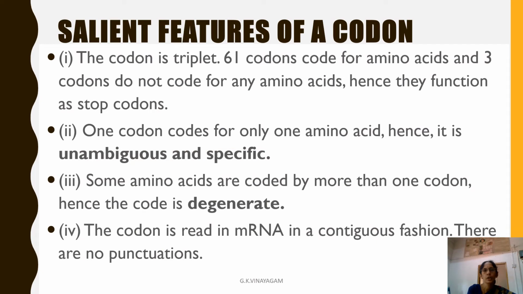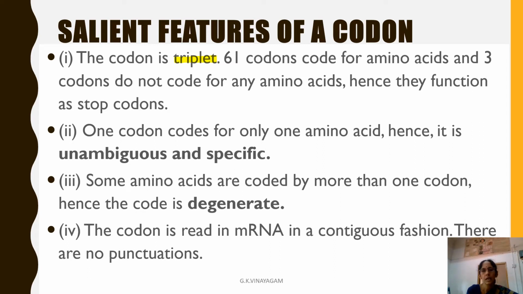Now there are certain characteristic features, salient features of a codon. 6 salient features are there. This you have to remember. It is an important question in your board exam. First one: the codon is a triplet. So how many codons are there? 4 to the power 3, 64 codons are there.